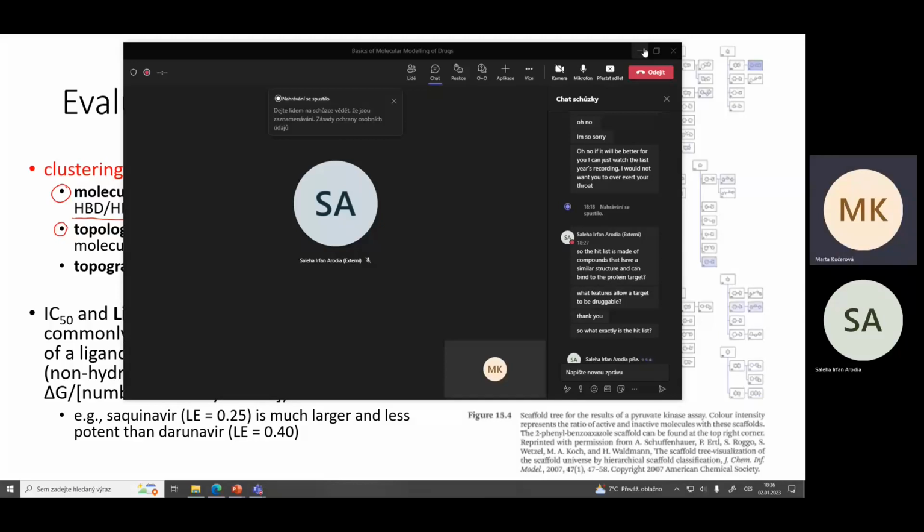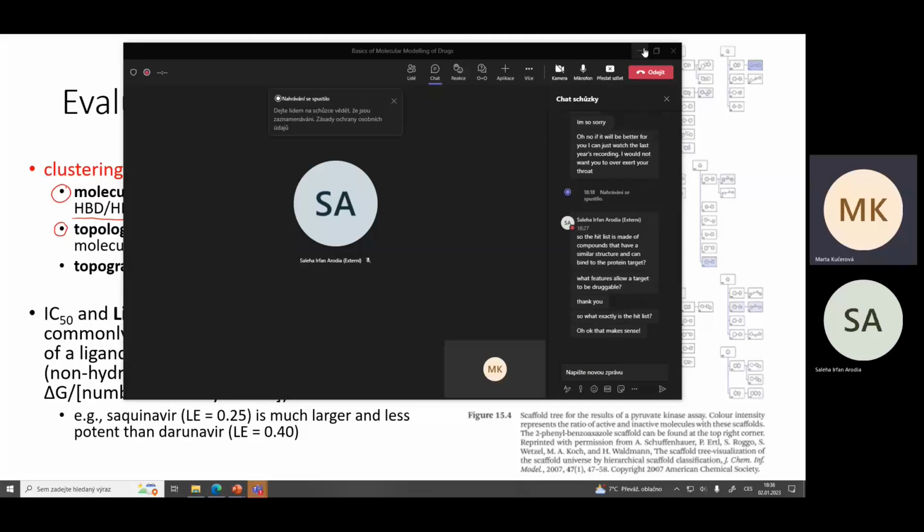So a hit is a compound that was active in a primary screening. It can be laboratory wet screening, a wet assay, or it can be virtual screening in silico, for example, molecular docking or pharmacophore modeling and so on.